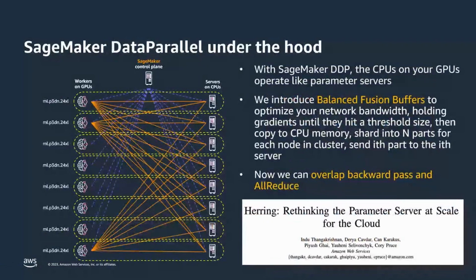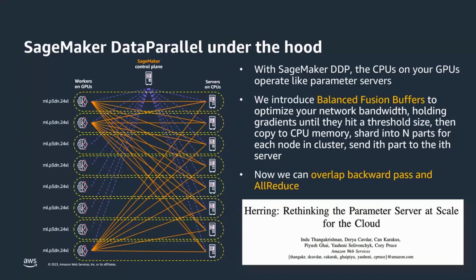So how do we do that? When you launch a training job with SageMaker Data Parallel, the CPUs on your GPU instances become the parameter servers. We introduced a new technology called a balanced fusion buffer to make optimal use of the bandwidth. A part of the GPU will work as the fusion buffer. It will hold the gradients until they hit a certain threshold.